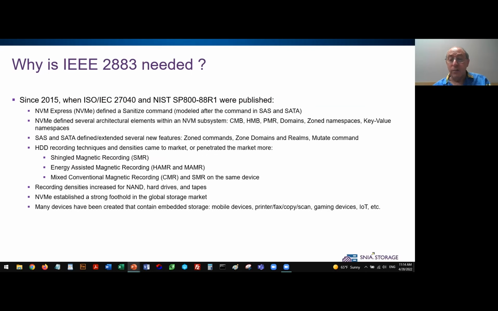And before you sell it to someone or heave it in the trash dump, you may want to sanitize that before you dispose of it. Gaming devices have an amazing amount of storage in them as well. I mentioned IoT, your doorbell, your temperature sensor in your house, your thermostat, your smart speaker.